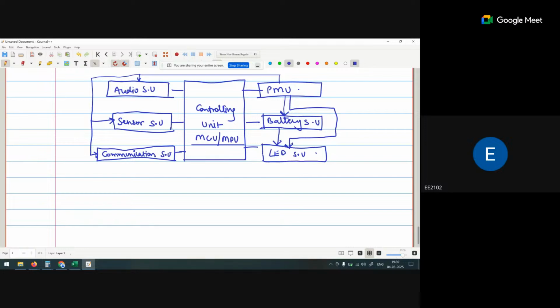One more thing: don't be confused between the power management unit and the battery or charging subsystem.